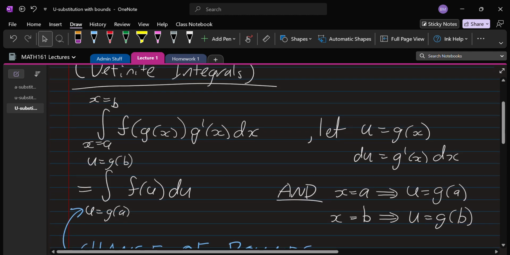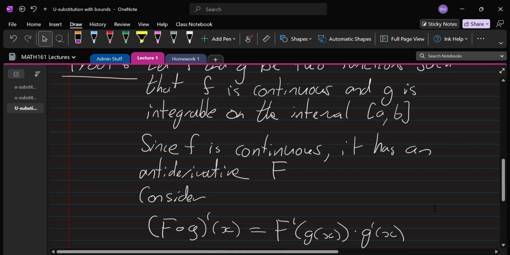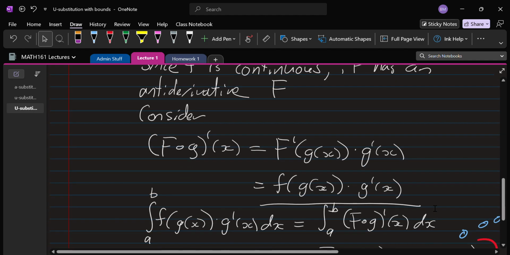Yep. Which part? This bit? Oh, okay, that's fine. Yeah, all of this is exactly the same as what we did yesterday, except now we are changing the bounds. This bit here and this, that's the only new thing.